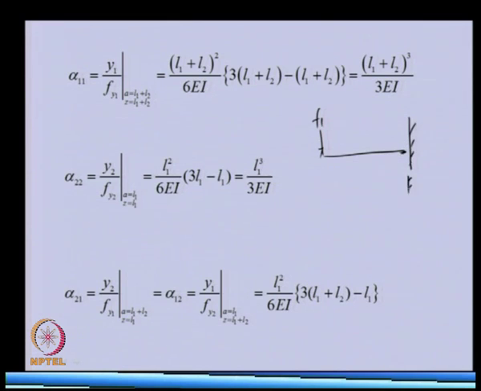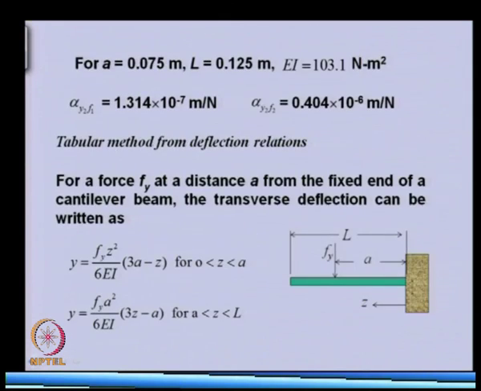this is the Z location, the measurement of Z. So, now you can see that if we go back here, A is the distance from the fixed end to the force.